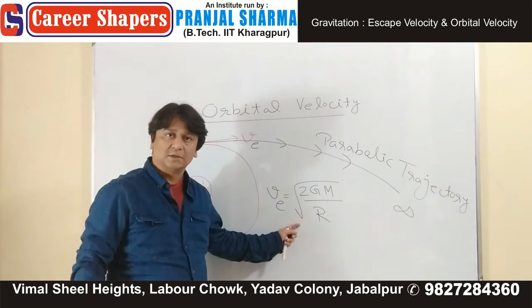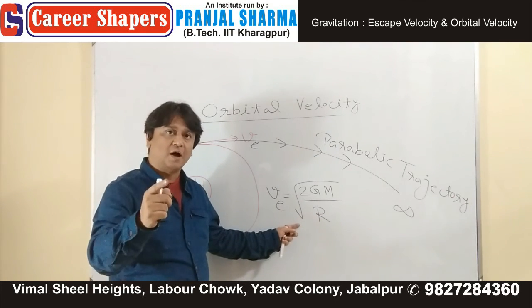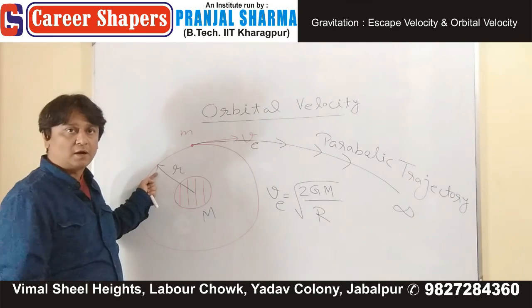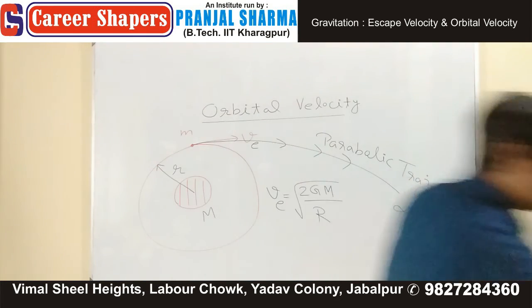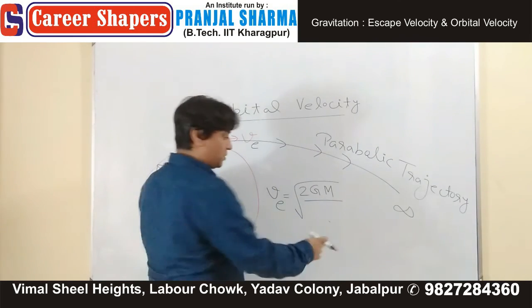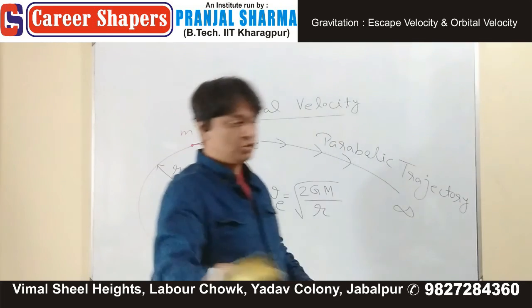लेकिन ये कब था? जब आप कहां पर थे? अर्थ की सरफेस पर. इस बार आप कहां पर हैं? सरफेस से कितने डिस्टेंस पर? Small r. Not surface, from the center, and therefore instead of taking capital R, simply use what? Smaller r. Otherwise, you need to write what?